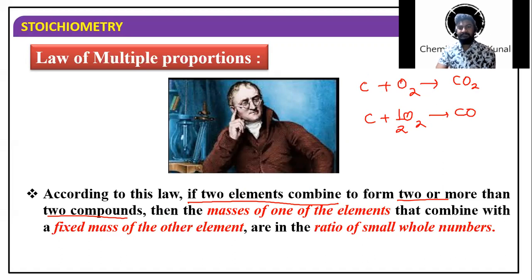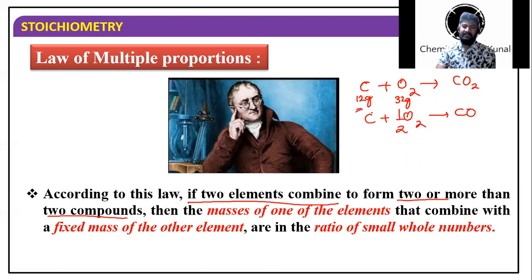Meaning, carbon can combine with oxygen to give you CO2, and carbon combines with half O2 to give CO. So if you react 12 grams of carbon with 32 grams of oxygen, because the mass of oxygen is 16, two of them will have a mass of 32 grams.